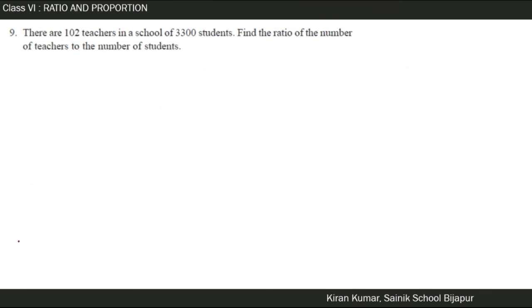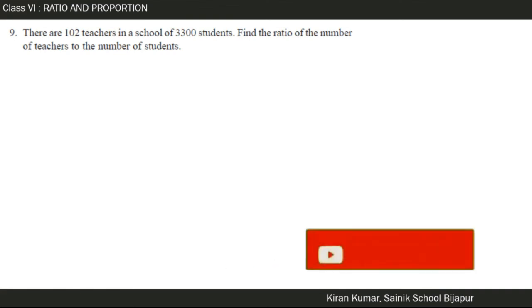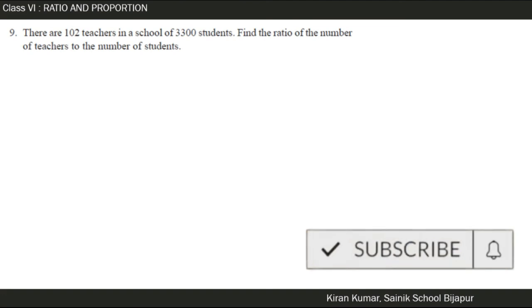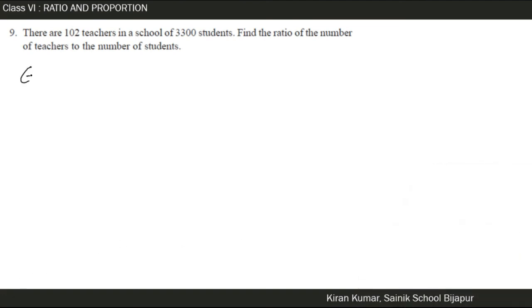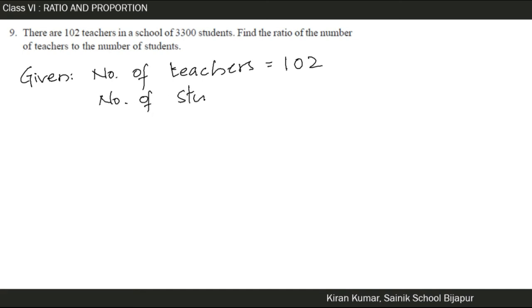Question number 9. There are 102 teachers in a school of 3,300 students. Find the ratio of the number of teachers to the number of students. Here, the given things are the number of teachers is 102, and they also gave the number of students.